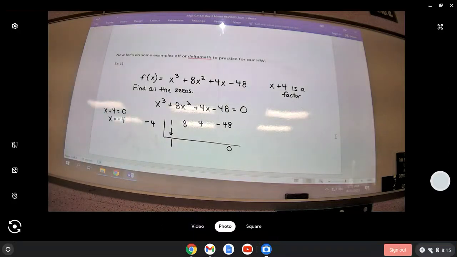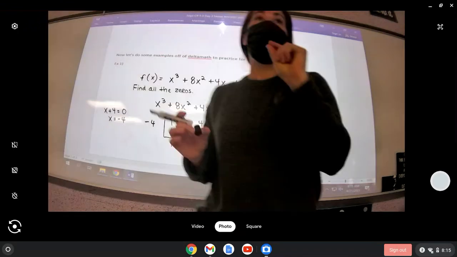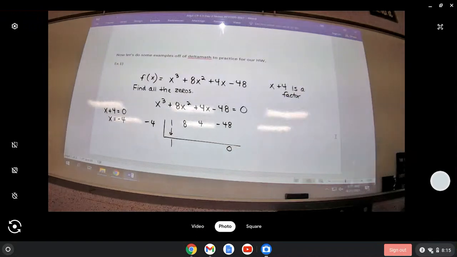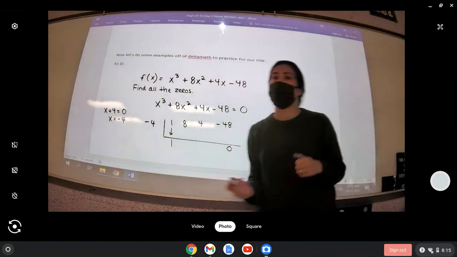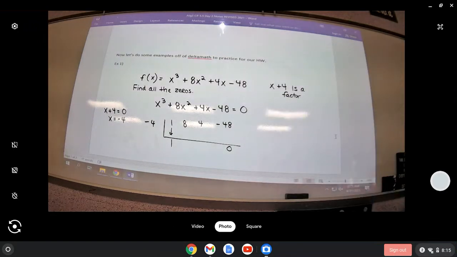Right? Do your synthetic. One synthetic division should leave you with a quadratic that you can factor and solve on your own. And that's how you'll find your remaining 2 answers. You already know one of them because they gave you a factor.